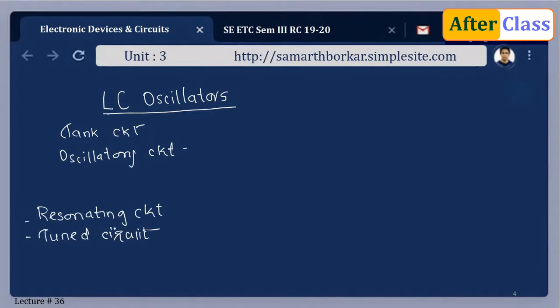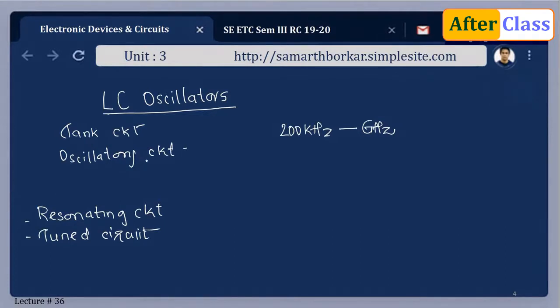Now the oscillators, particularly these LC oscillators, they are used for high frequency range from 200 kHz to few gigahertz. So this is the frequency range which can be produced by LC oscillators.